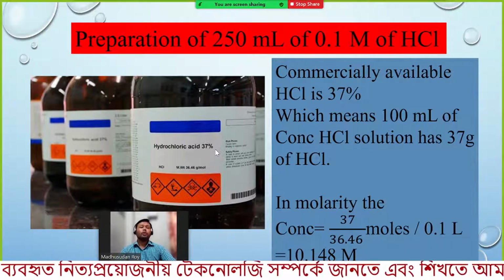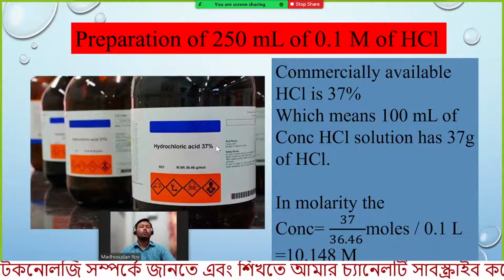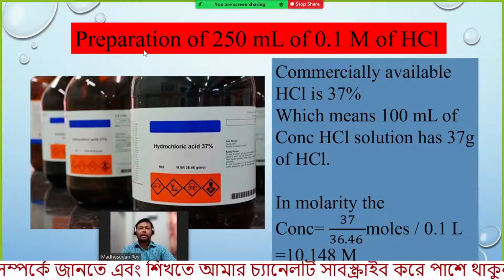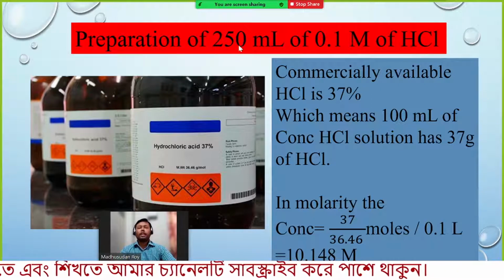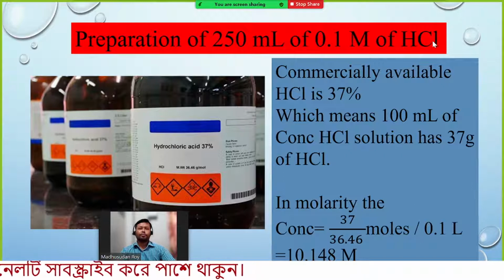So you have to prepare a solution of hydrochloric acid of the concentration you want. I have mentioned here the preparation of 250 ml of 0.1 molar hydrochloric acid solution.